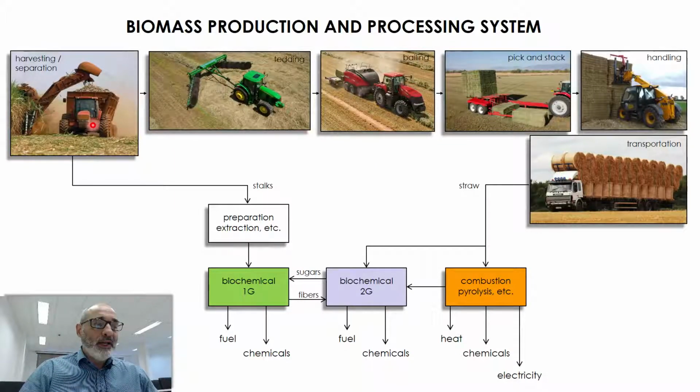As I was saying, the stalks which were collected on these wagons follow the traditional processing path, okay, so preparation, extraction, and so on, and you can make ethanol and sugar, for instance, okay. So that's the traditional path, what we've been doing since the 70s here in Brazil, or even before that.